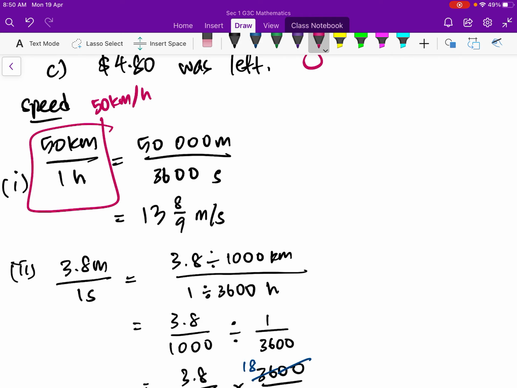If 2008's time represents 100%, then 2009's time will represent 10% less, 90% of 2008's time.